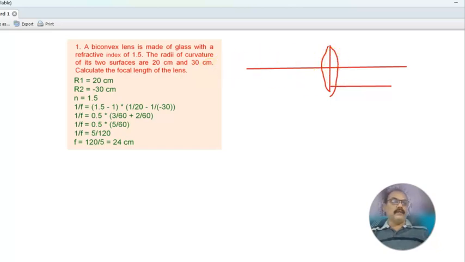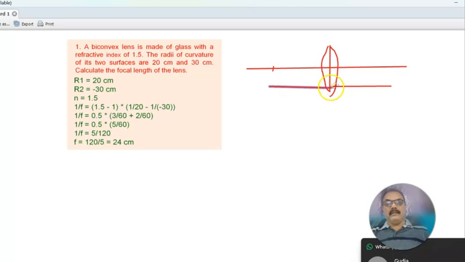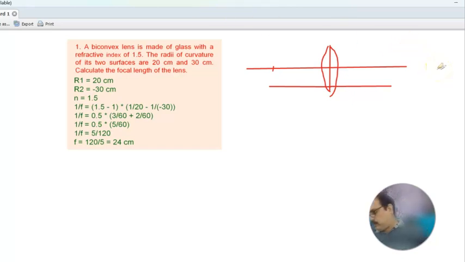So again we get another one, R1 and R2. Since R1 is on the right side, it is positive according to sign conventions. Right? So let's indicate this, very simple to calculate.